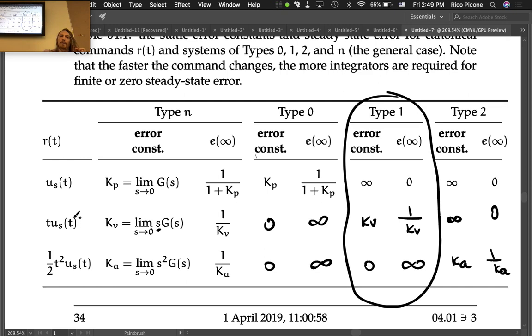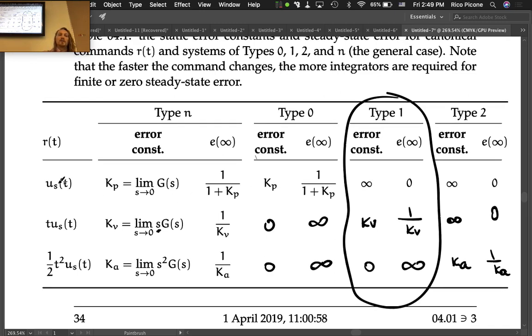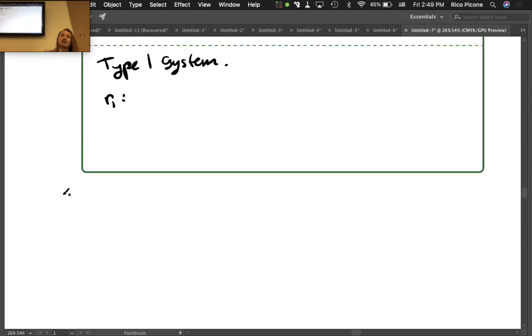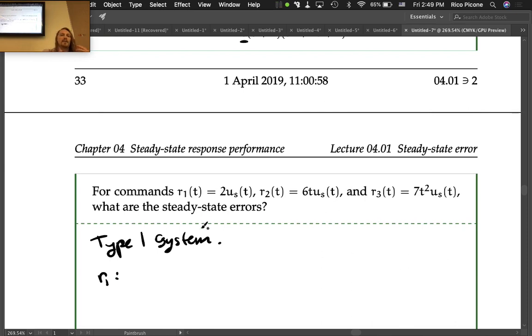So good. So let's look at a type 1 system with a unit step. We have infinite error constant and 0 steady state error, right? So we do need to make sure that we take into account superposition, which says that if you multiply the input, remember the command here was unit step, not 2 times the unit step, so if you multiply the input by 2, you got to multiply the output by 2.